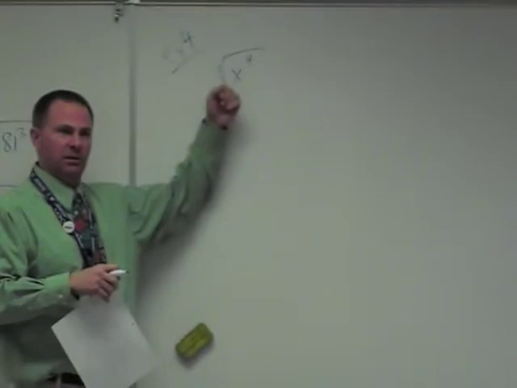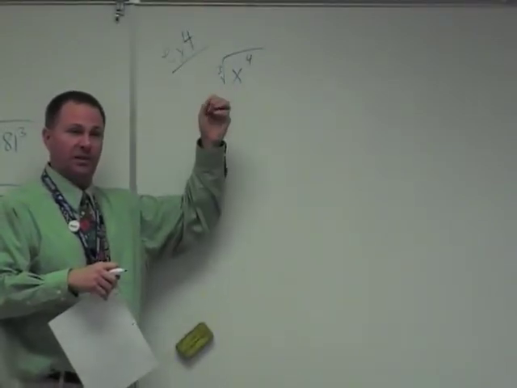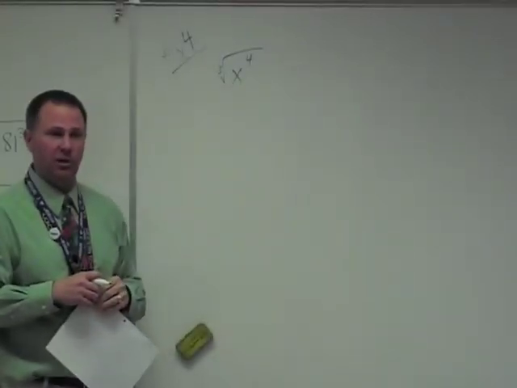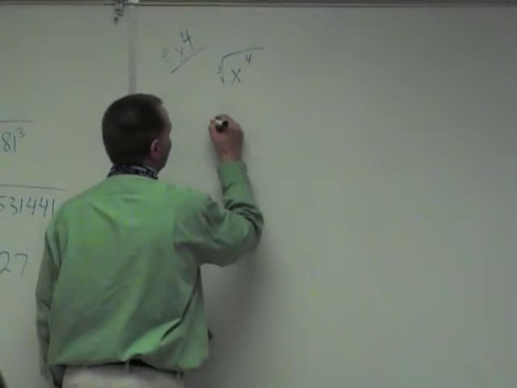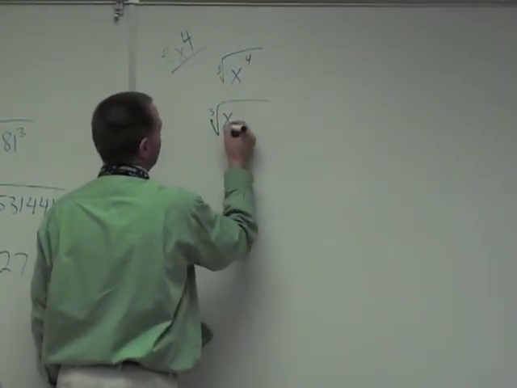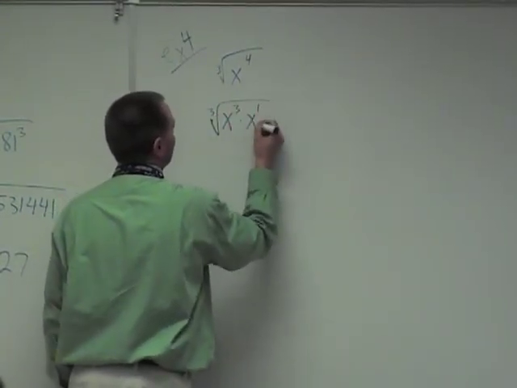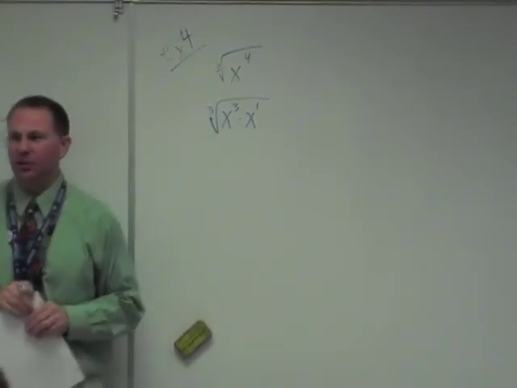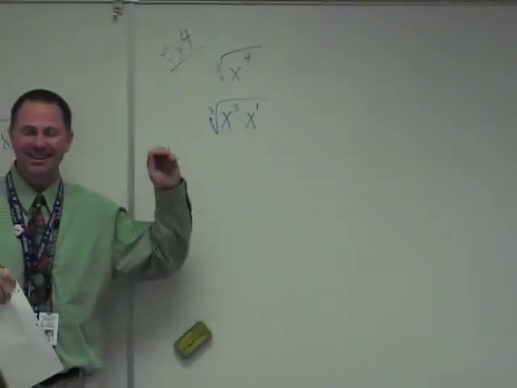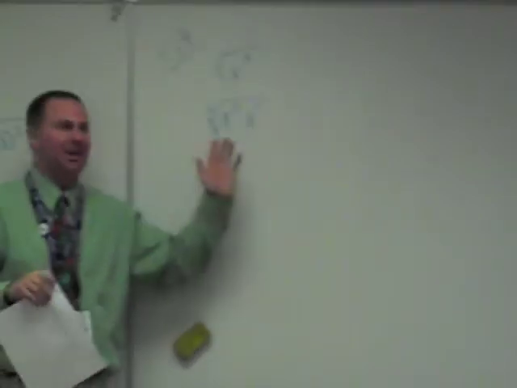Well, if I multiply x 3 times, do I get x cubed? Right? Okay, watch. This is really a puzzle. You asked for it. Isn't x cubed times x to the first the same as x to the 4th?